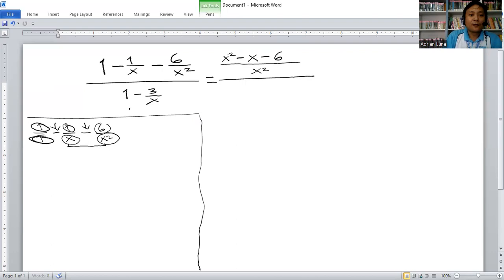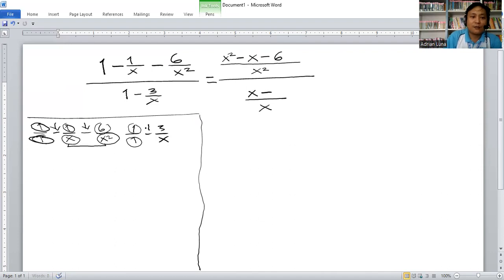Next. Same as before, for this 1, we now handle the denominator. The denominator is 1 minus 3 over x. We just multiply the denominators: 1 times x is simply x. That will be our LCD. So LCD x divided by the first denominator, which is 1, is x times 1, which is x.